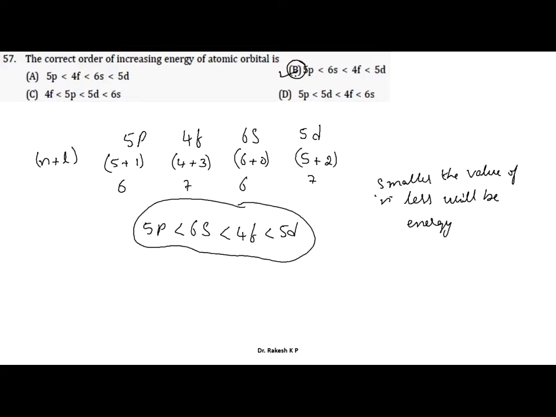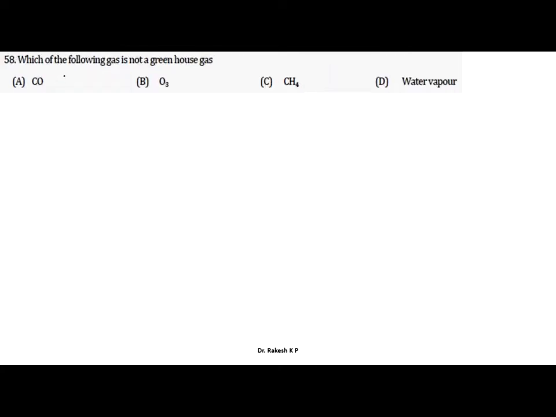Okay, so next one. Which of the following gases is not a greenhouse gas? You have to remember the greenhouse gases here. We have methane, which acts as a greenhouse gas.